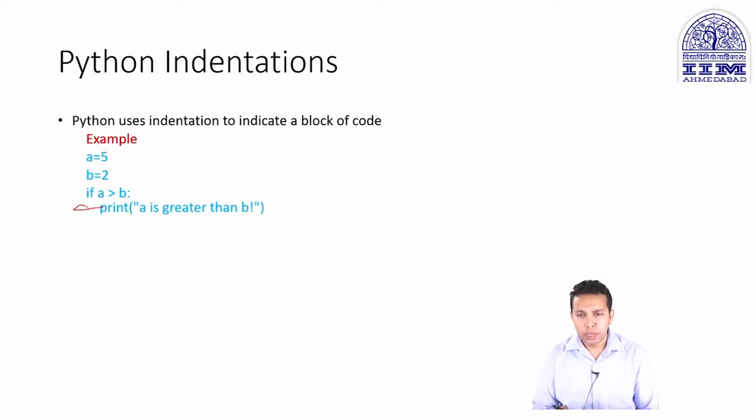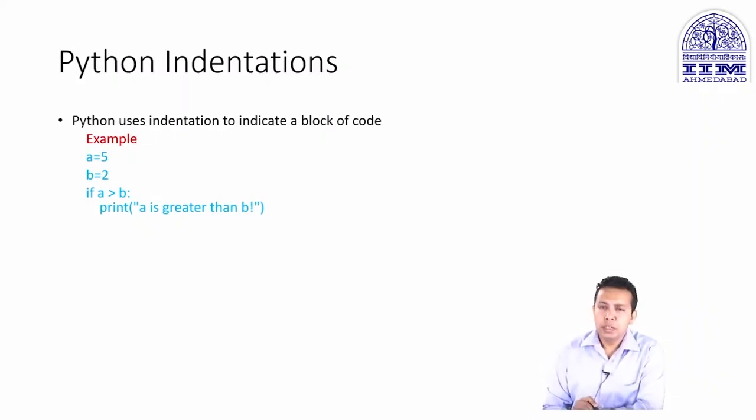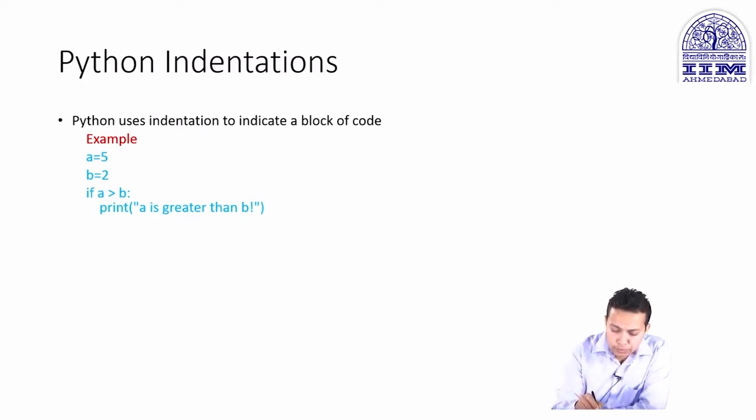Indentation is very important in Python. If you do not do the indentations properly, then during the execution of the code, it will give you an error. For example, in C, C++ or Java, people commonly use the curly braces to put a block of code together like this.